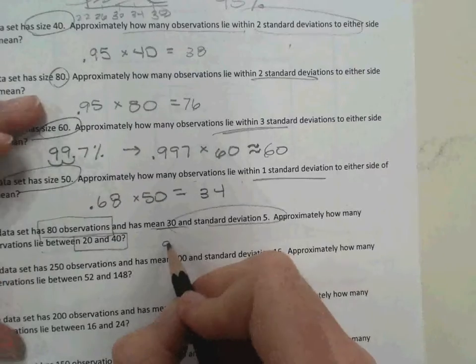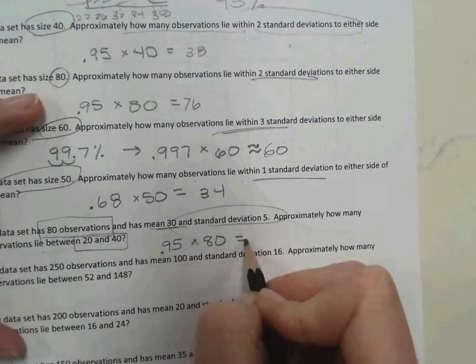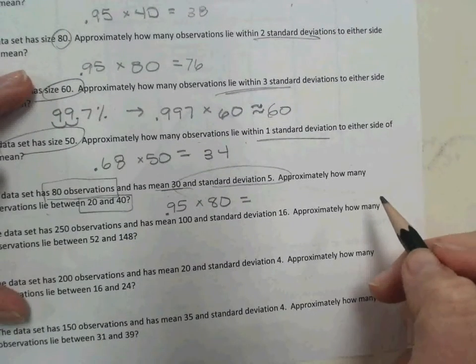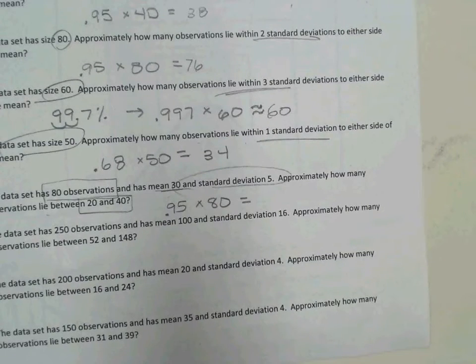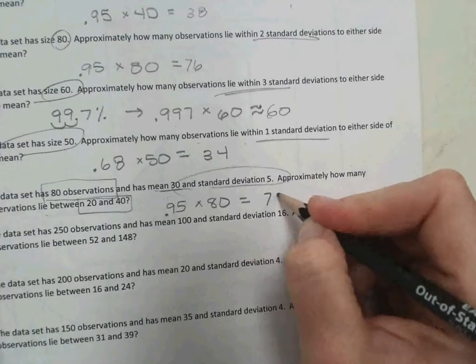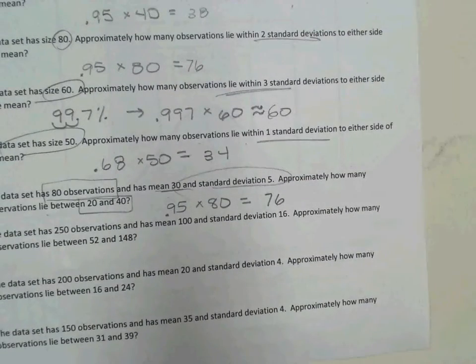So that would be 95%, or 0.95 times 80. So basically, how many Plinko chips will be within this range? 0.95 times 80, which we just did in number 6. We did that calculation.